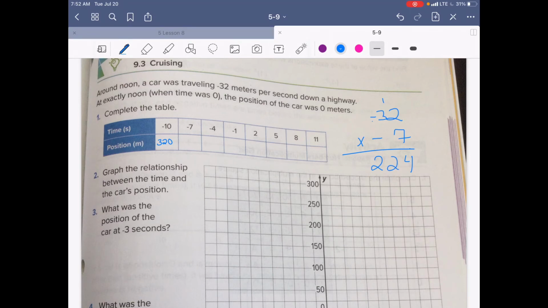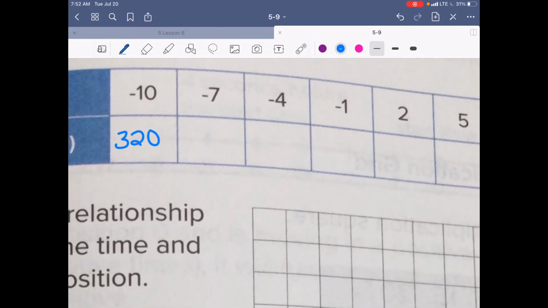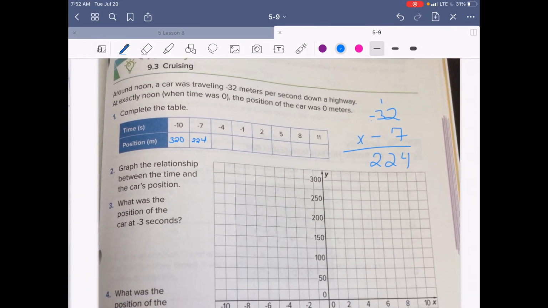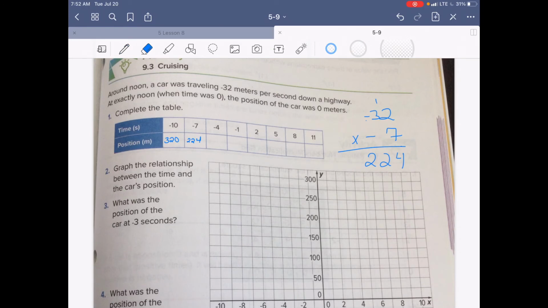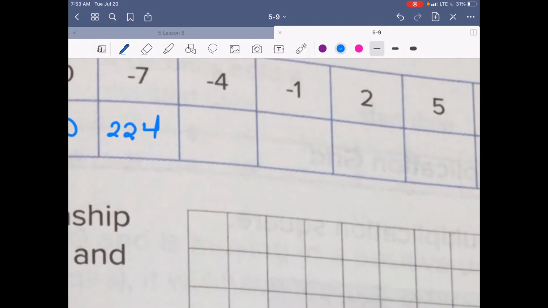We have a negative and a negative, so it's going to be positive 224. Now let's look at negative 4. 4 times 2 is 8. 4 times 3 is 12. It's going to be 112 meters.